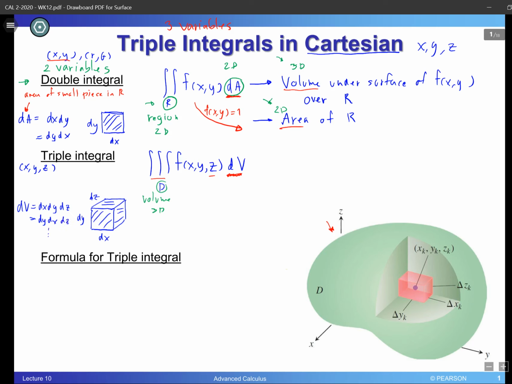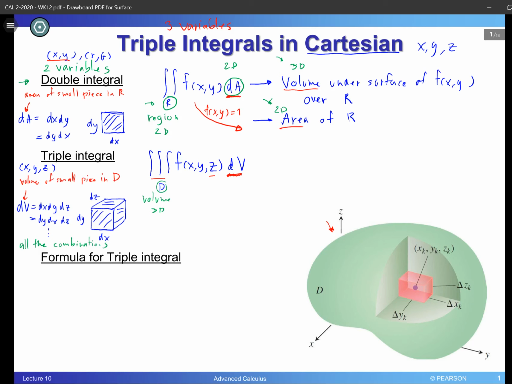You can make a note right here of all the combinations. And also make a note right here that this is the volume of a small piece in the integration domain, D. Similar to what we had with the double integral.